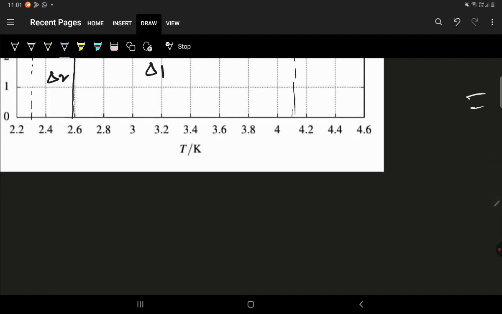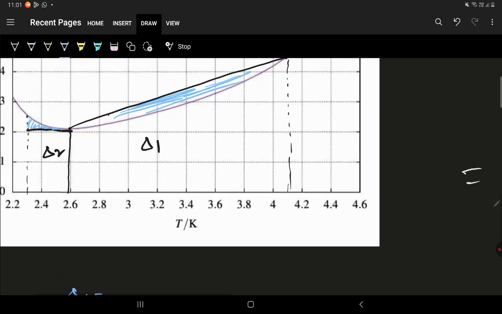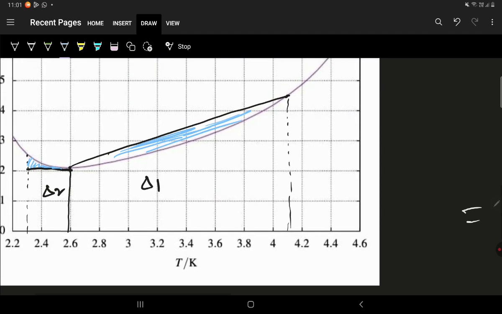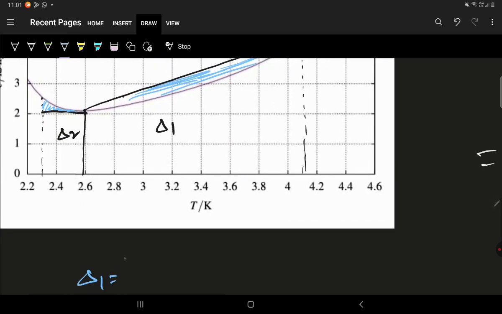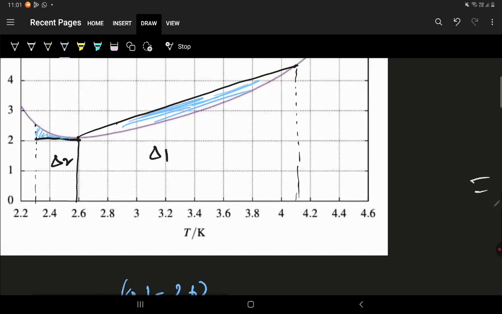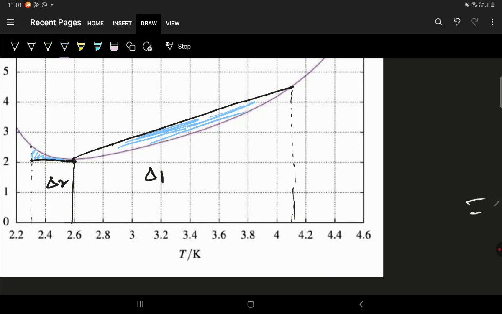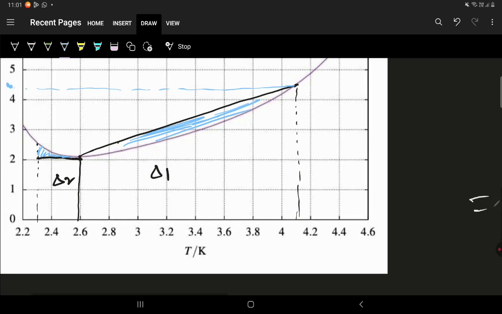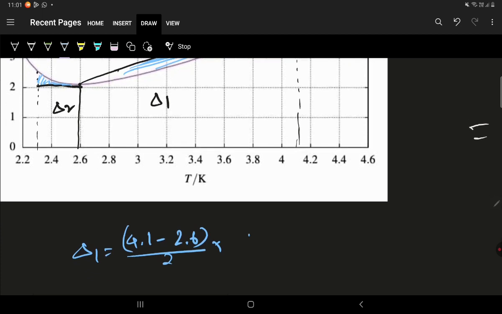And what is delta 1? Delta 1 is about 4.1 minus 2.6, half into, and the number this corresponds to is nearly 4.5, into 4.5 minus 2.